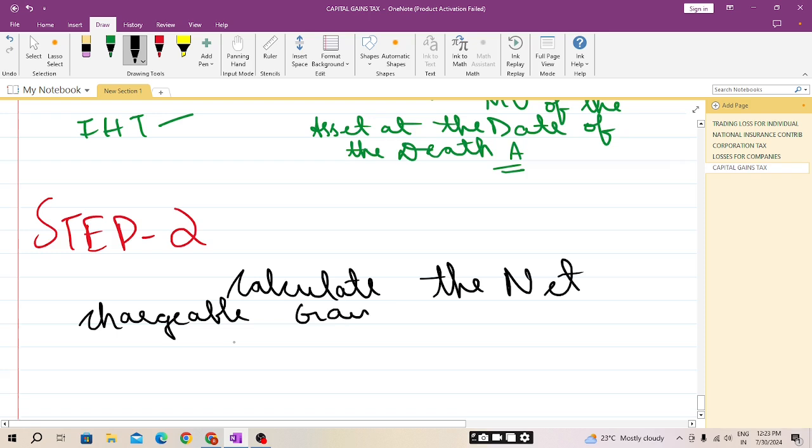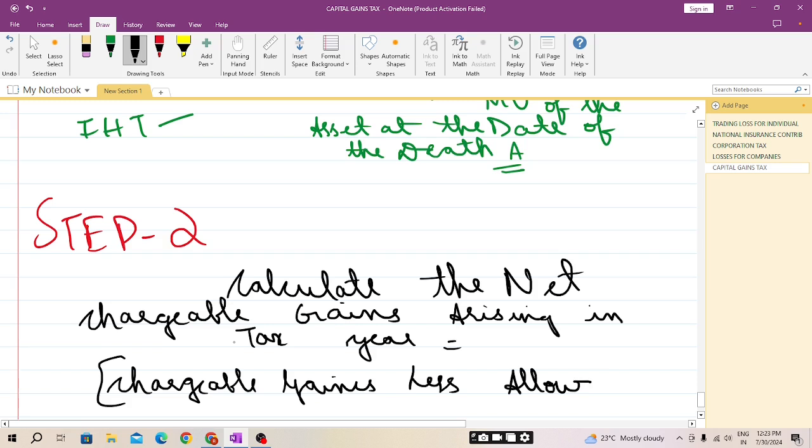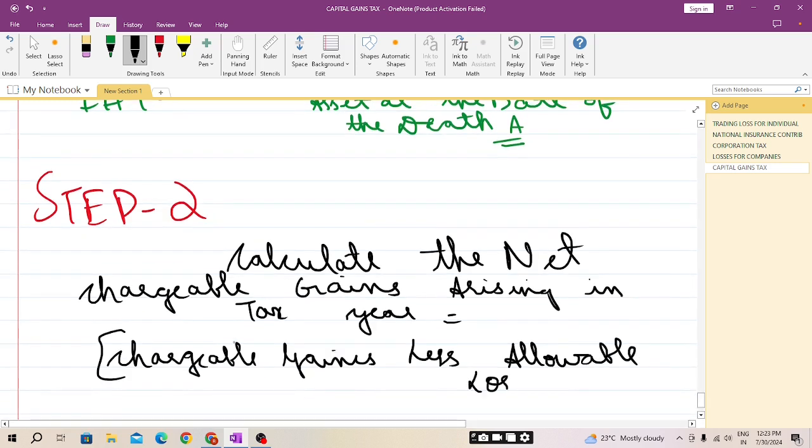Calculate the net chargeable gains arising in the tax year. So this will be the total of all the chargeable gains of all the assets disposed of in the tax year, less allowable losses. If an asset has been sold for a loss, it will be less allowable loss.